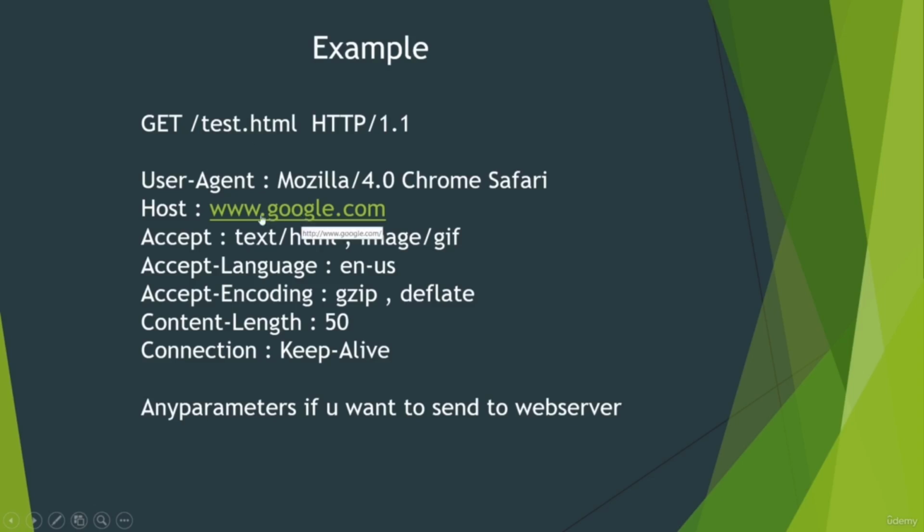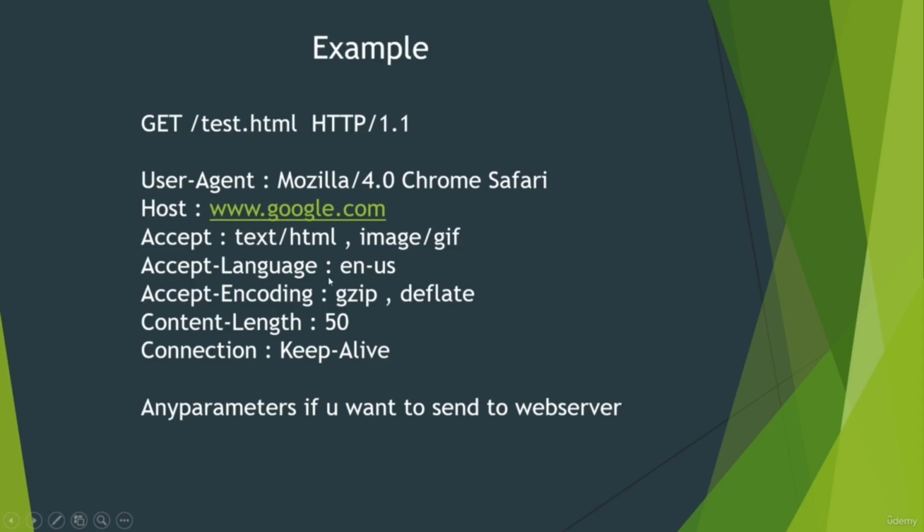In our case, let's say google.com. And Accept is the content type you want to accept in your browser, like text or HTML. So you are telling the web server that I am ready to accept text or HTML, and also I can accept images and GIFs. So on seeing this, the server will send an HTML-formatted test.html.